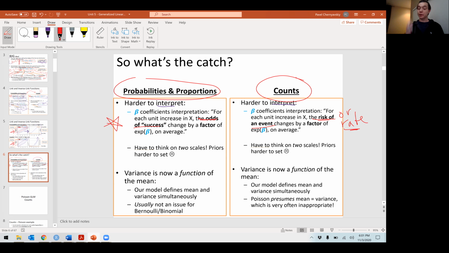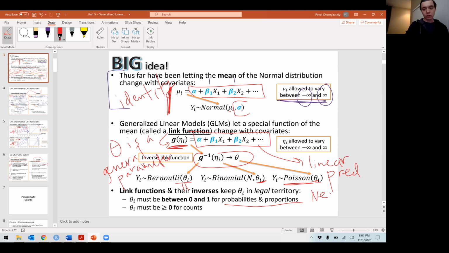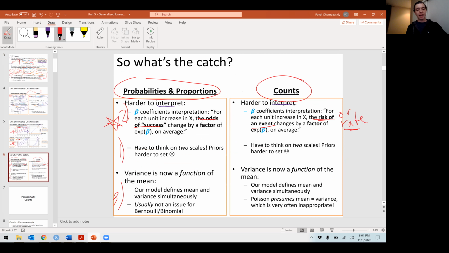Third reason why, there are three bullet points. I covered this one first, I covered this one second. I'm moving on to the third bullet point. In the linear model world, we had a separate parameter that controlled variability, sigma. In the GLM, the Generalized Linear Model world, our mean and variance are set by the same parameter.